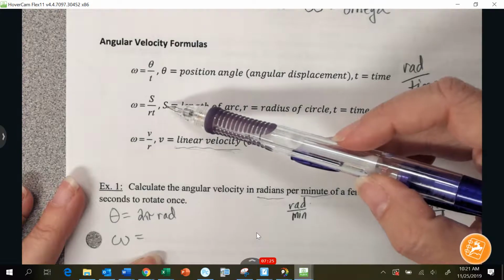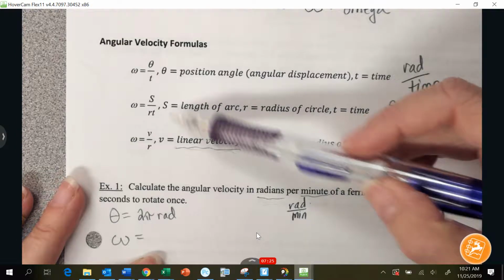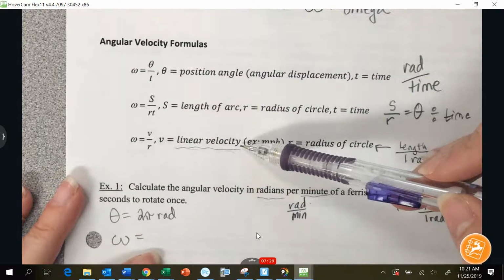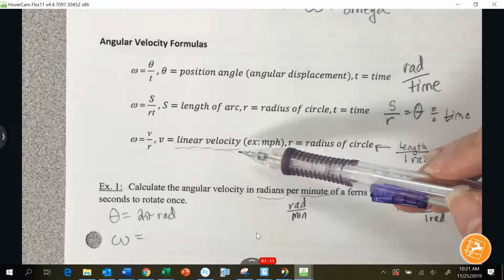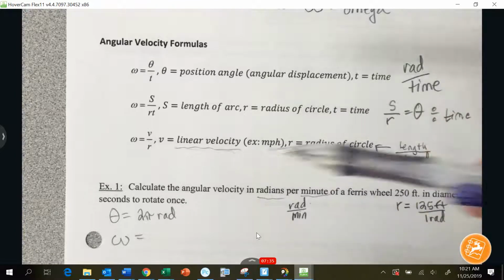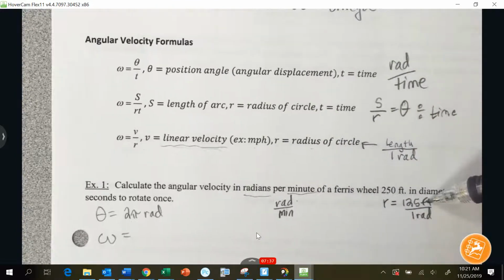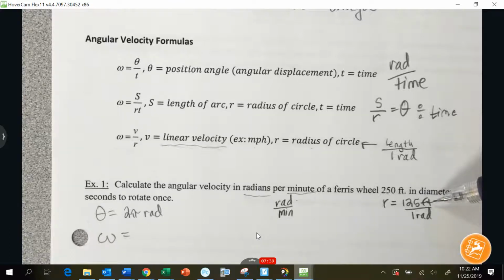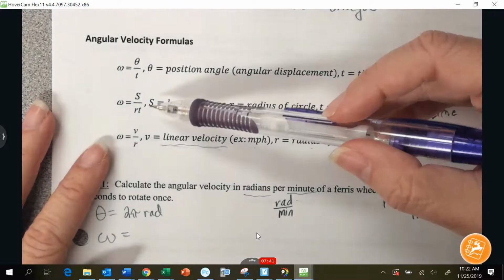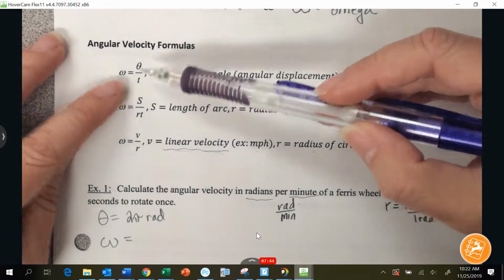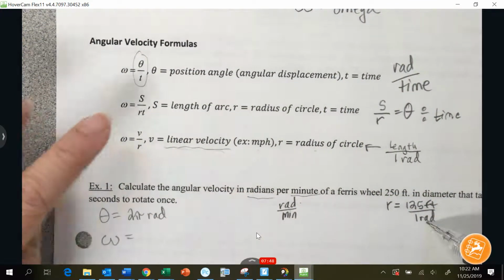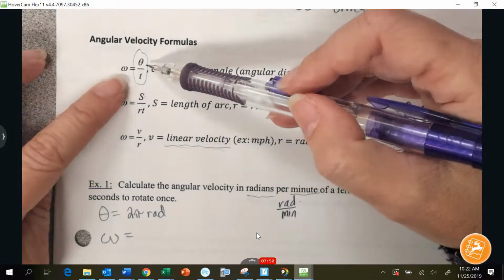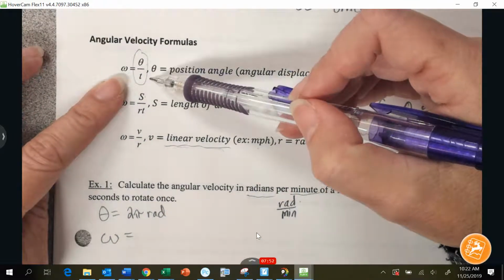Do we know the linear velocity, like miles per hour this thing's turning? Or I guess it would be feet per something. We do not know any of this information. We know this information, but we don't know enough to use one of these. All we have to use is theta divided by time.